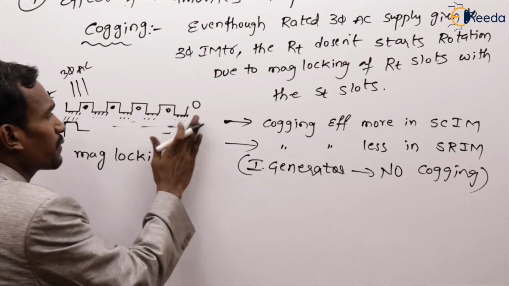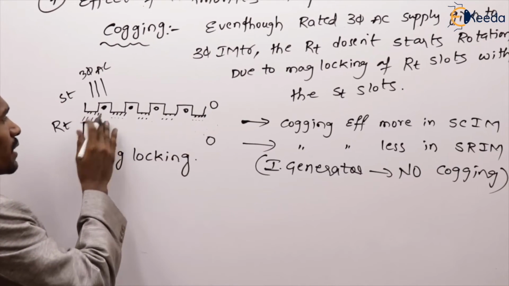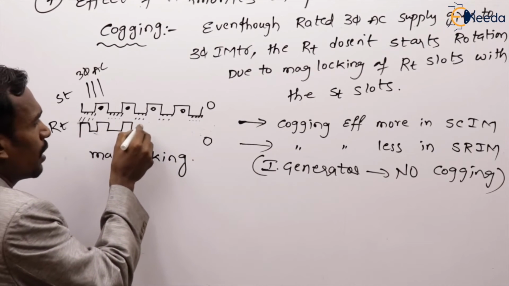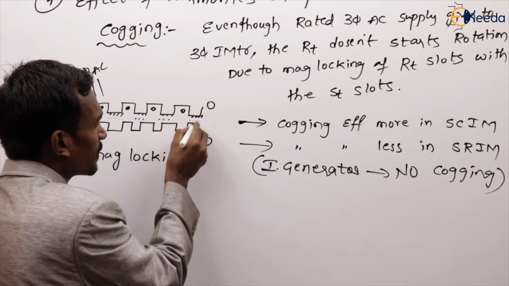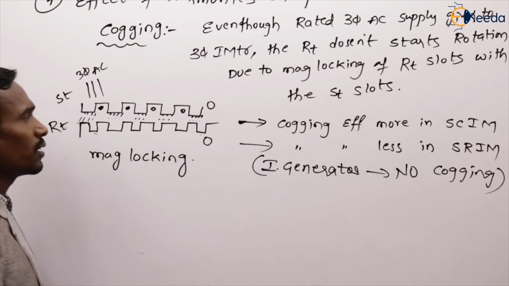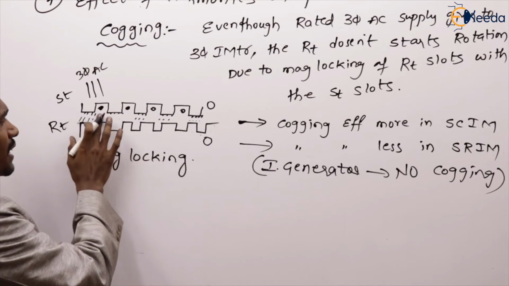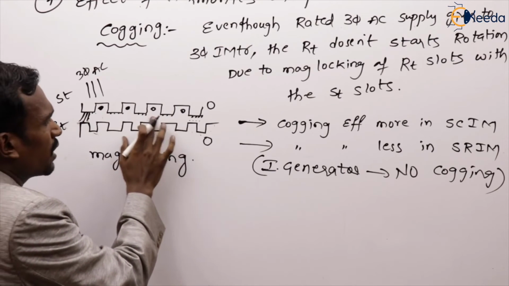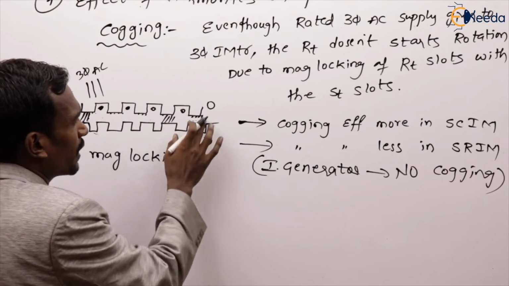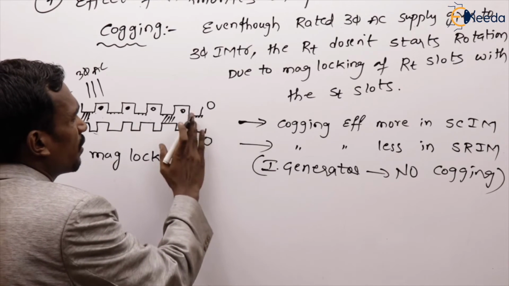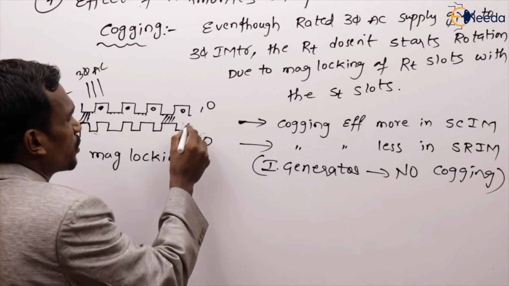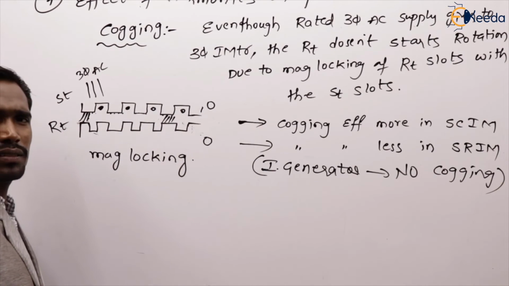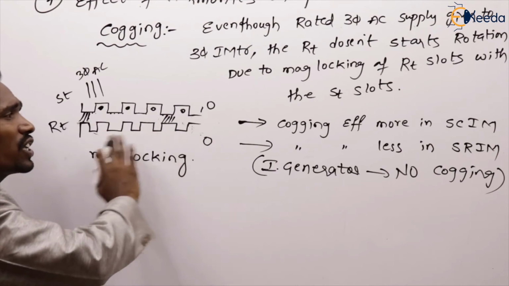If the rotor number of slots is changed, for example, now there is no cogging effect, just some small cogging effect here and there.